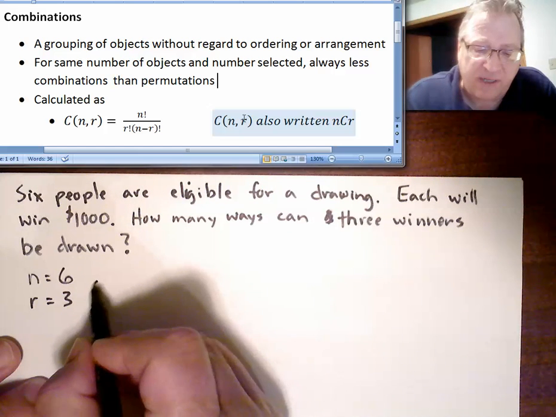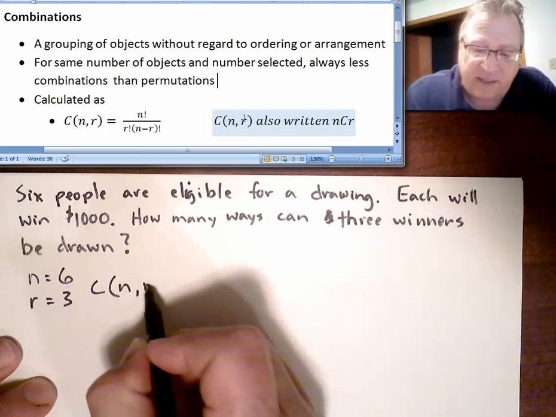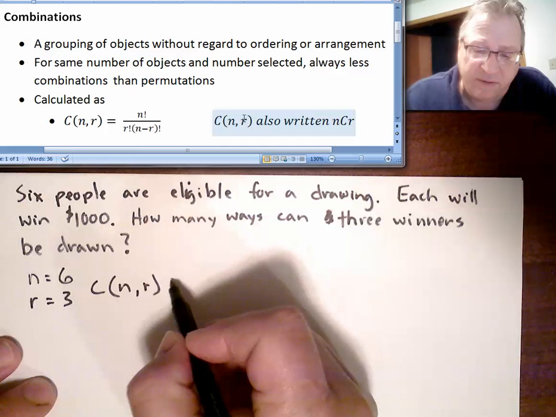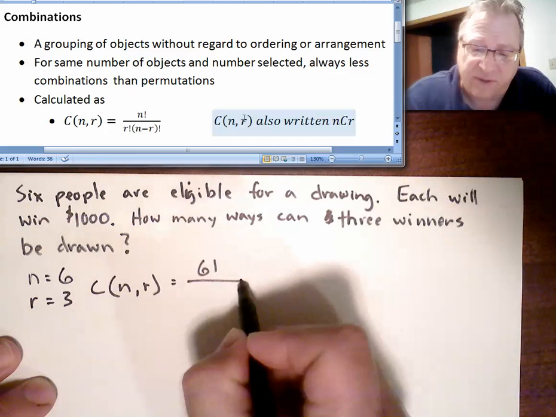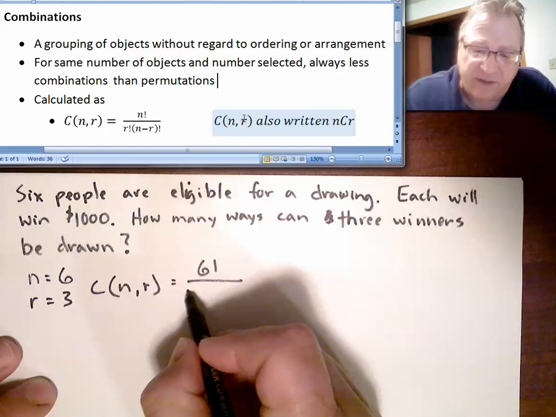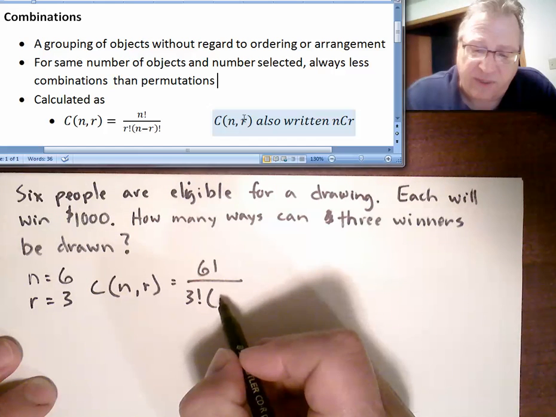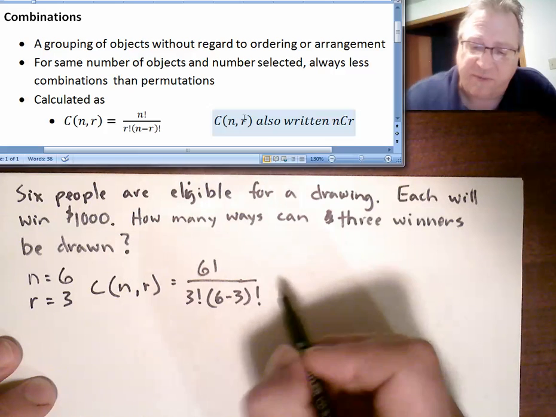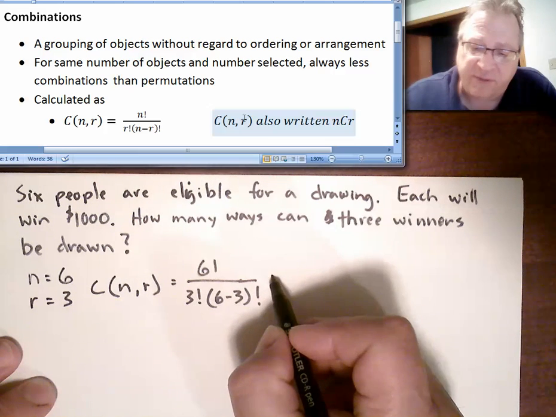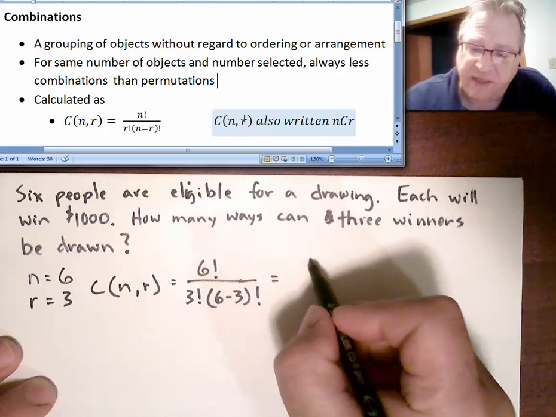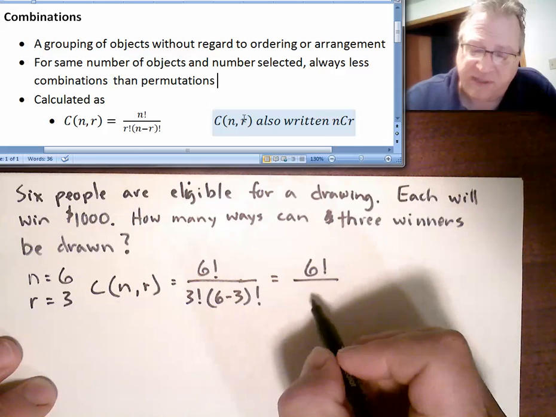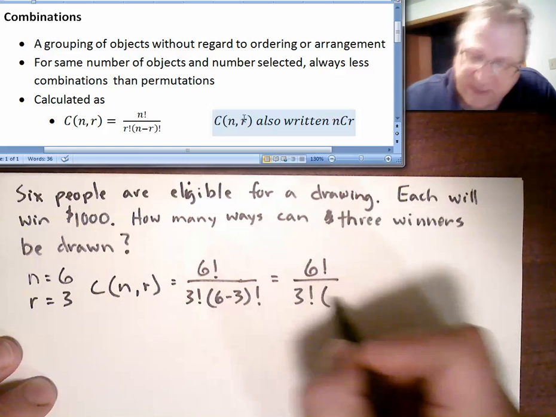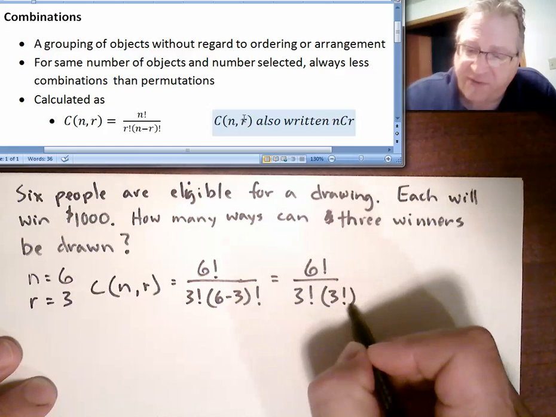And so now C(n, r) is equal to n factorial, 6 factorial, divided by r factorial times the quantity n minus r factorial. And now we can do some simplification. We have 6 factorial divided by 3 factorial times 6 minus 3 is 3, another 3 factorial.